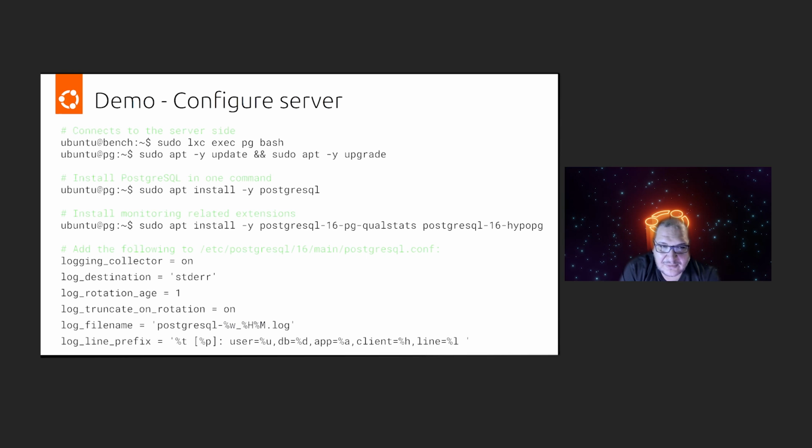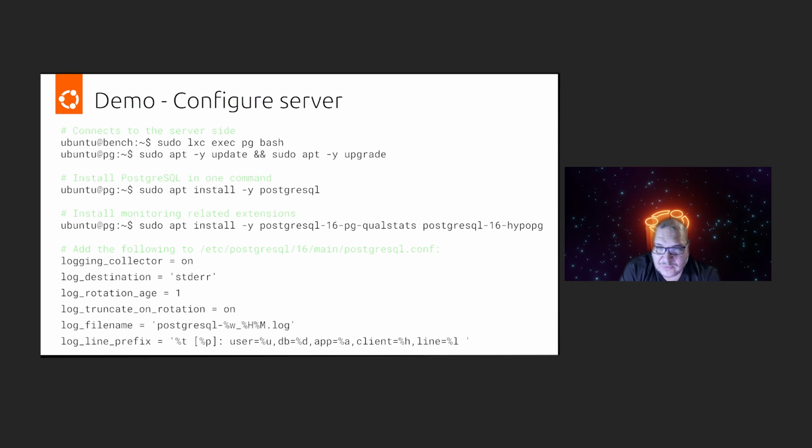So it's something that we can help you with at Canonical. Those extensions in particular will help you to have detailed monitoring of your queries, and can help you understand what are the queries that would benefit, for example, from indexes.